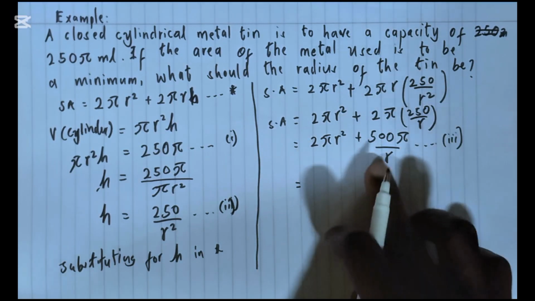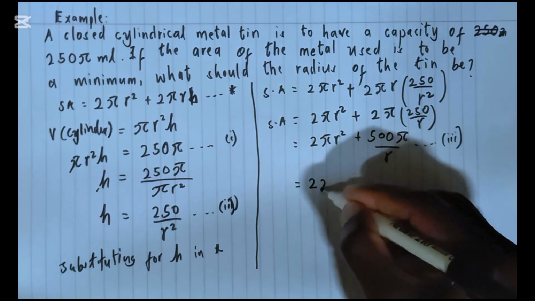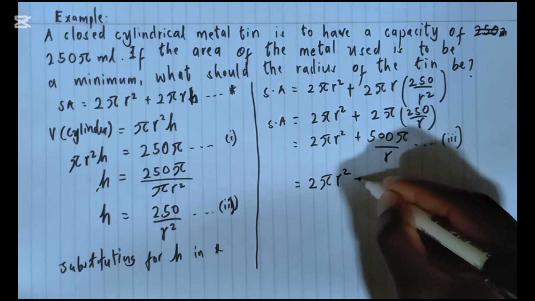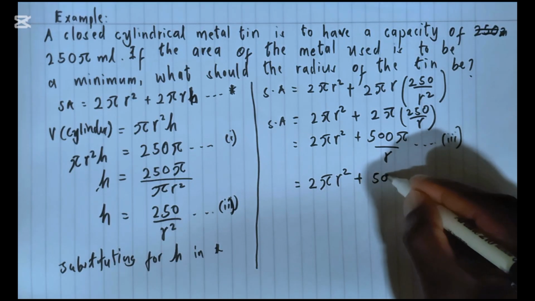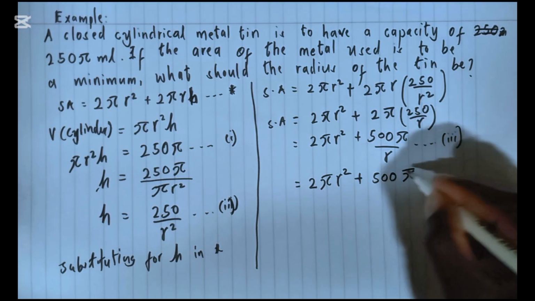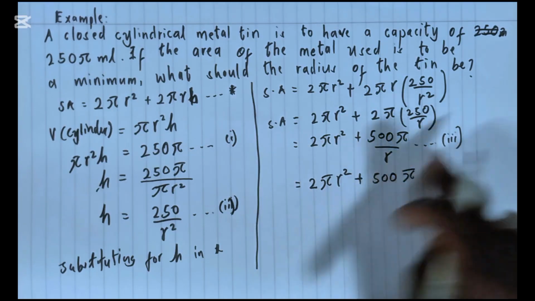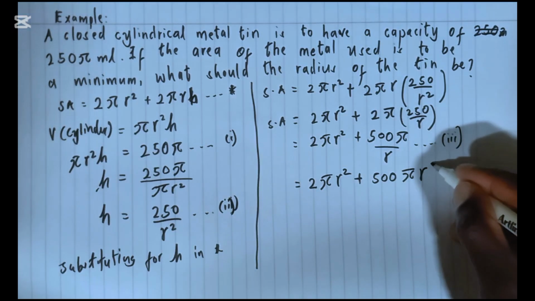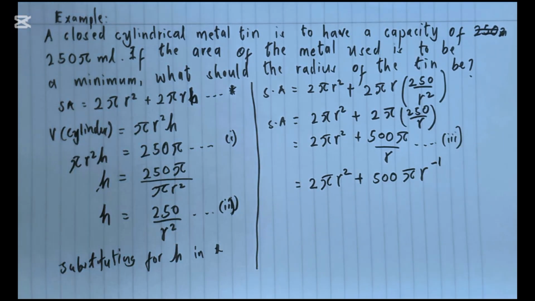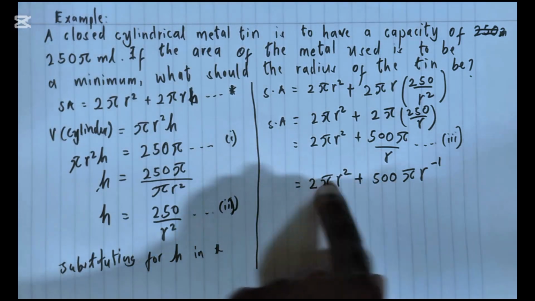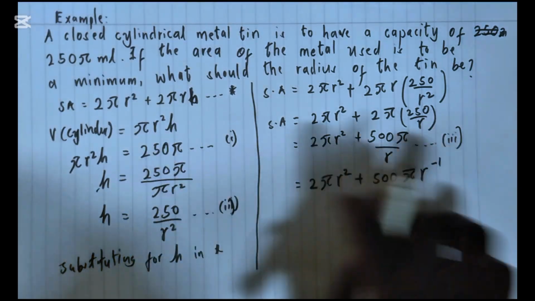So basically, this here can also be written as 2 pi r squared plus 500 pi. And then whenever we have a number all over r, we can always write it as r raised to negative 1. So this basically is our final equation here.